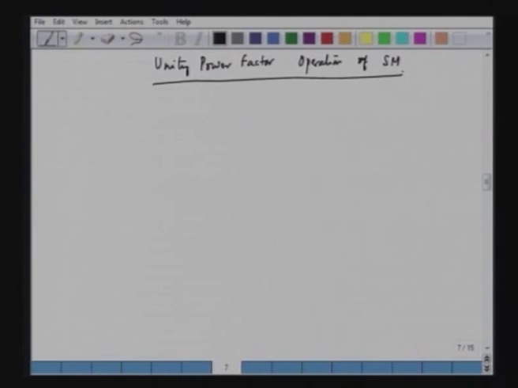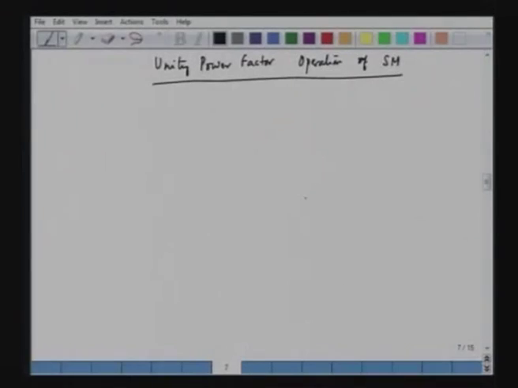Now, before we understand this unity power factor operation, we make some simplification. For simplicity, we won't consider saliency. We assume that the motor is a cylindrical motor. So, we have the phasor reference, and we can draw the phasor diagram. This is our phase A reference, the stationary phase A, and the rotor is rotating at a speed of omega r.